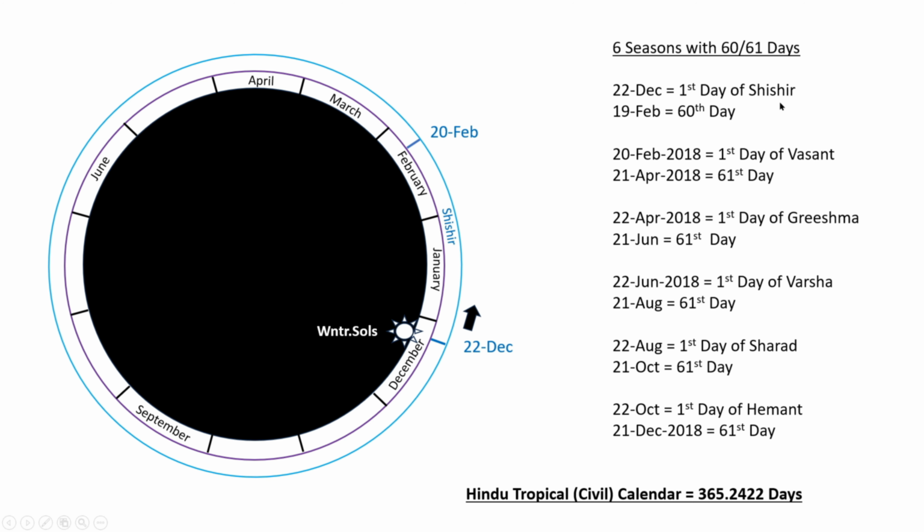Then we'll define the Vasanta month, which includes the spring season, 20th February onward, including March, April. Then this is the Grishma season, just before the monsoon season. And this is Varsha, the monsoon season.